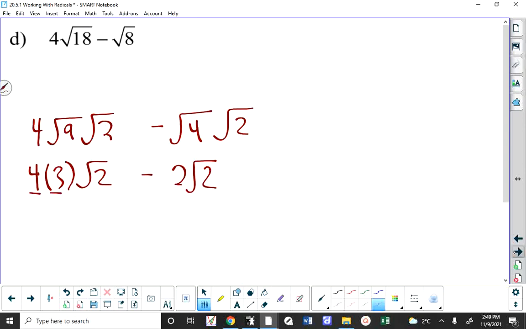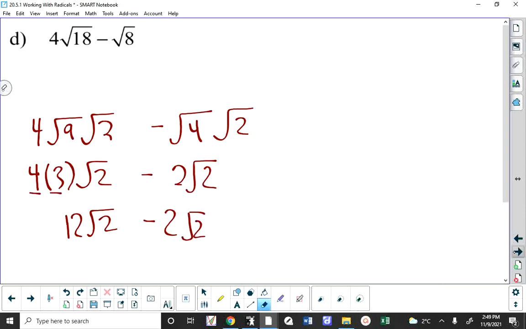They're not radicals. And I can multiply those two together to get 12 root 2 minus 2 root 2. And now they're similar things. I'm subtracting root 2's to get 10 root 2. Questions?